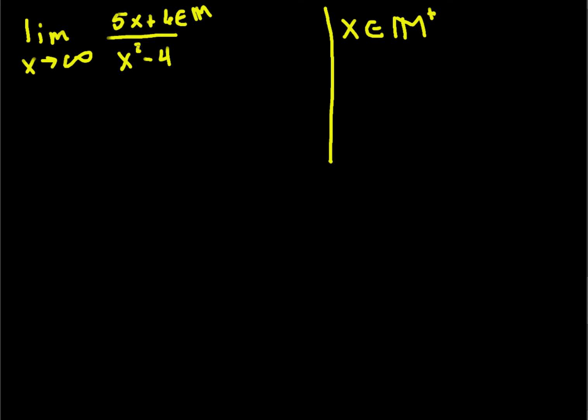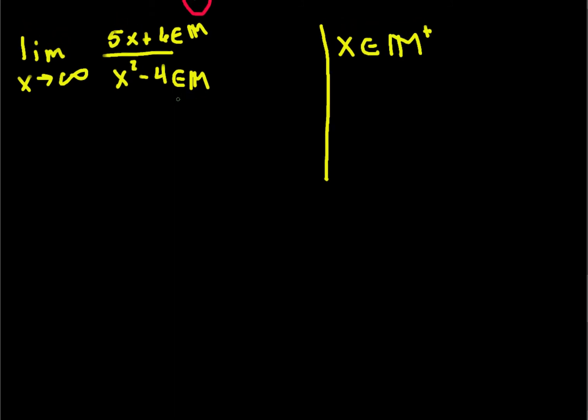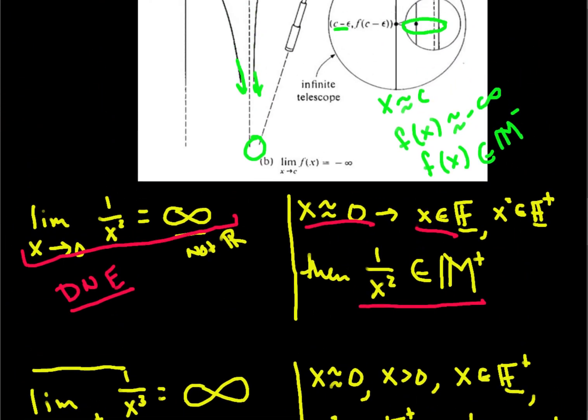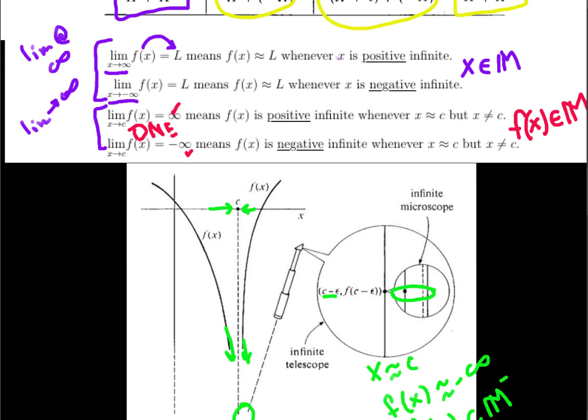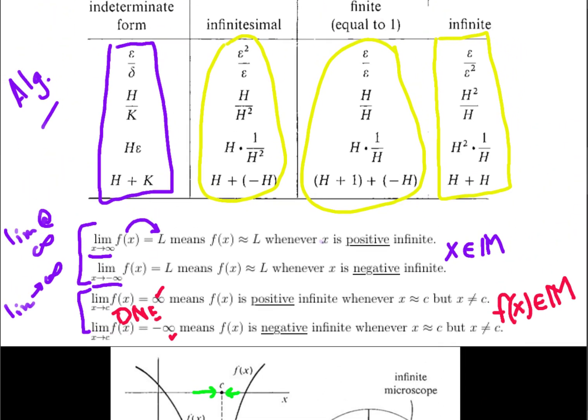And down here, infinite squared is infinite, subtract a real number, so the bottom is an infinite number. So what we have going on here is exactly the indeterminate case where we have an infinite number divided by an infinite number.